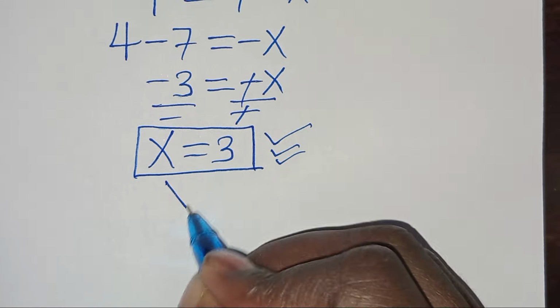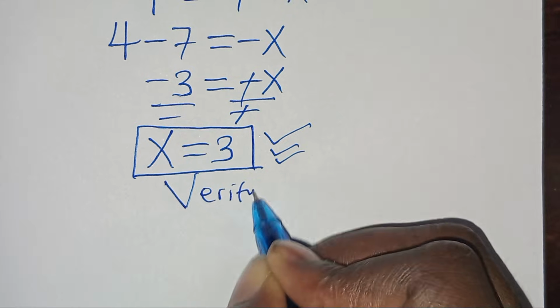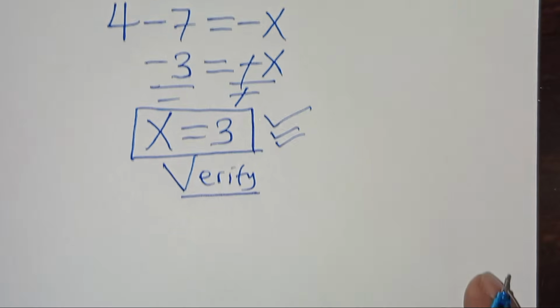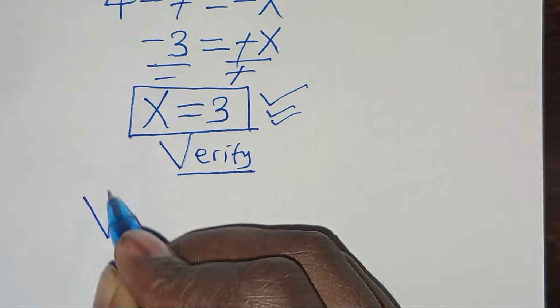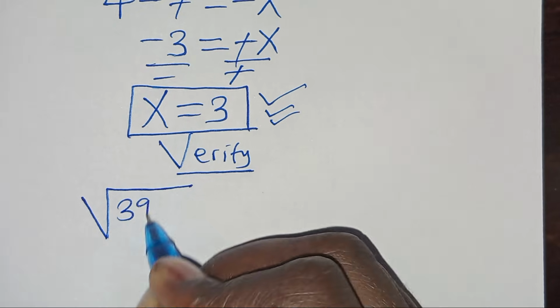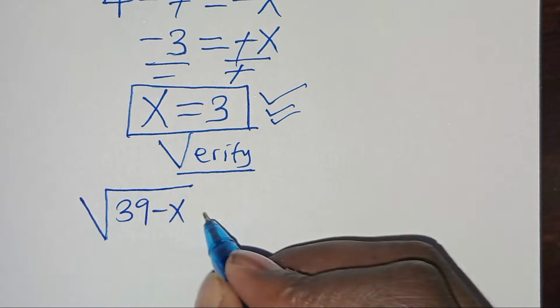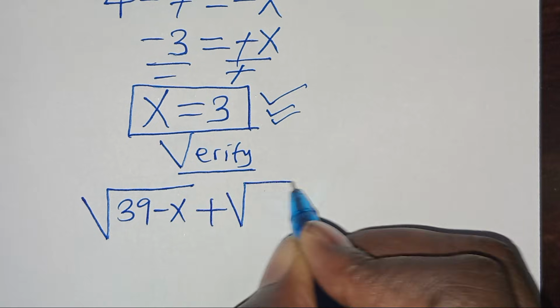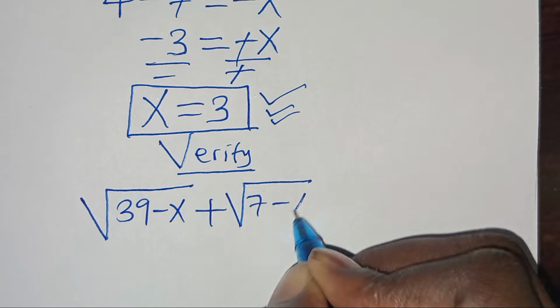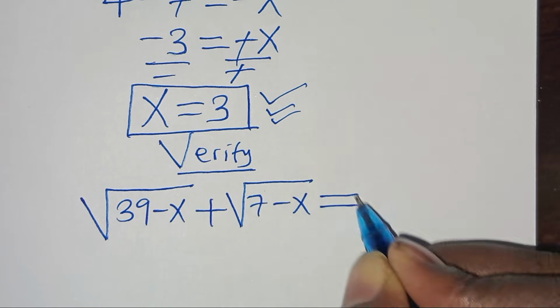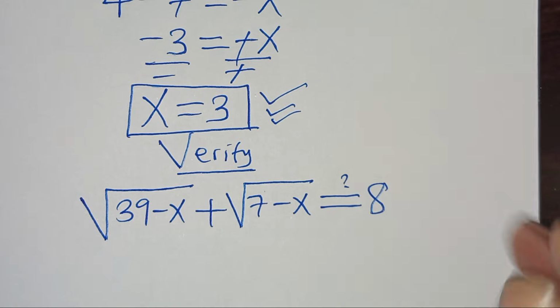So let's verify from here. We have the square root of 39 minus x plus the square root of 7 minus x. This is supposed to give us a value of 8.